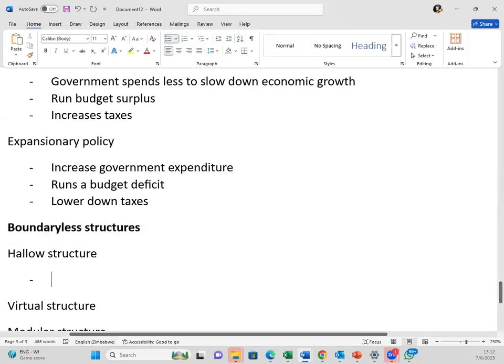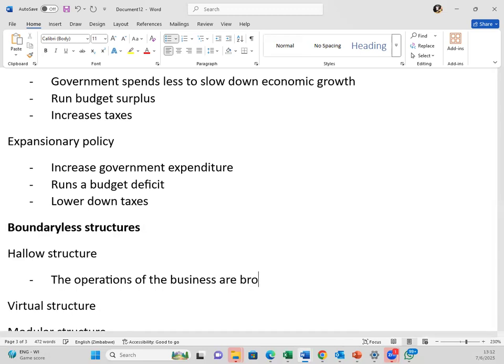So under this structure, the operations of the business are broken down into core and non-core activities. So what we do as a business, we break it down into core and non-core activities.